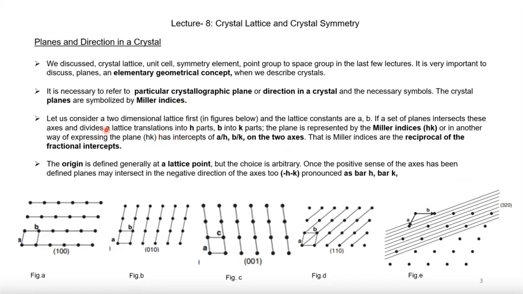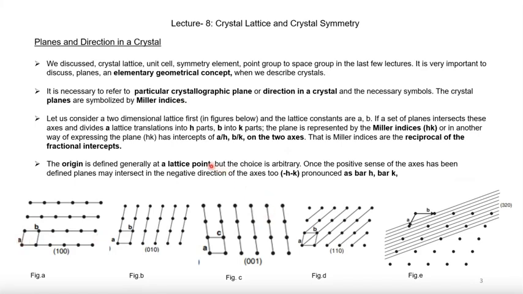If we cut along B we get K parts, and along A we get H parts.